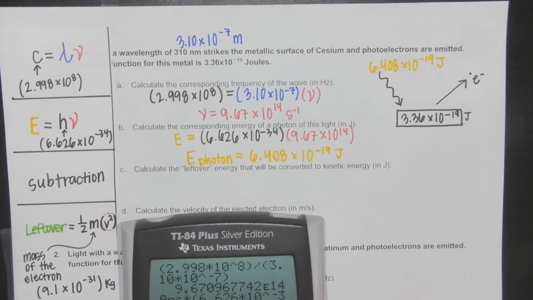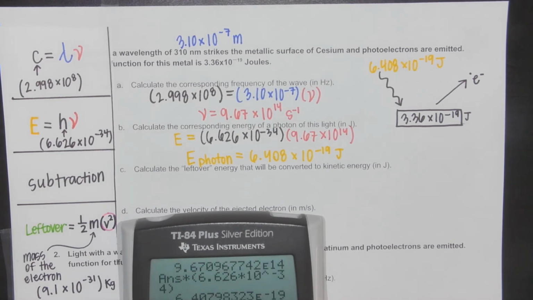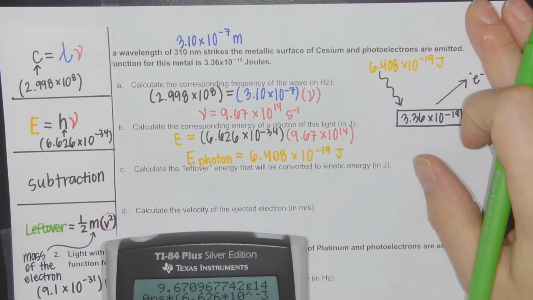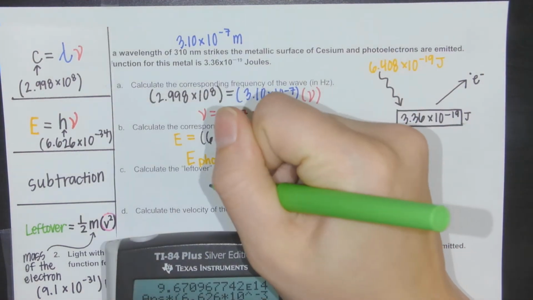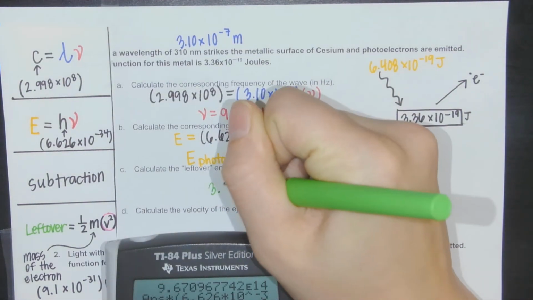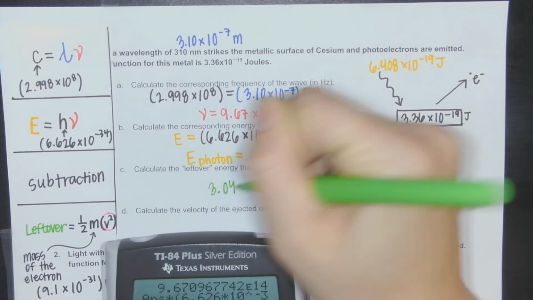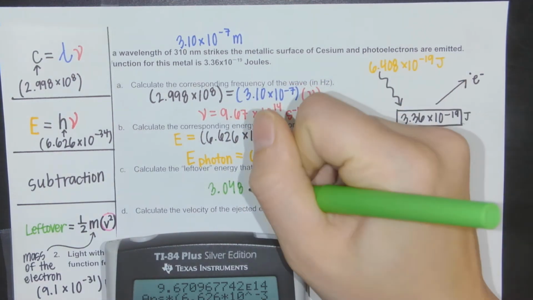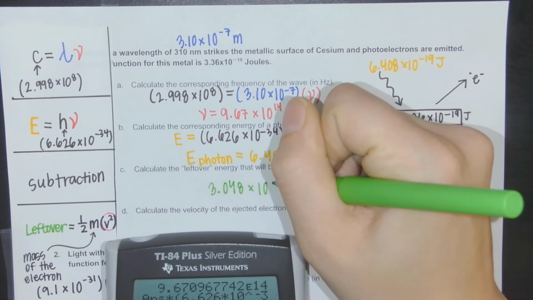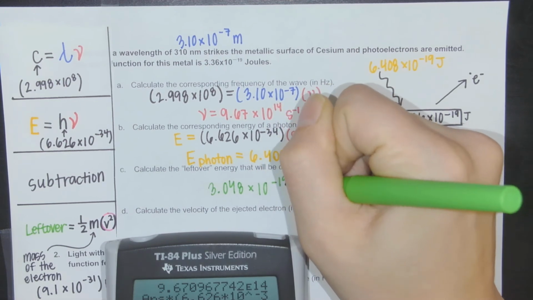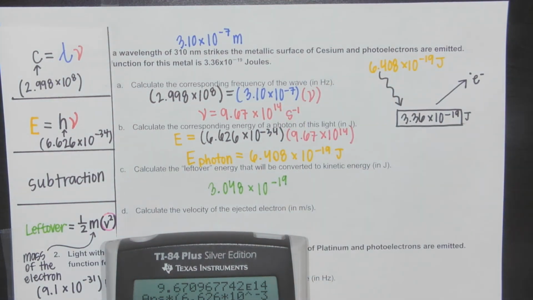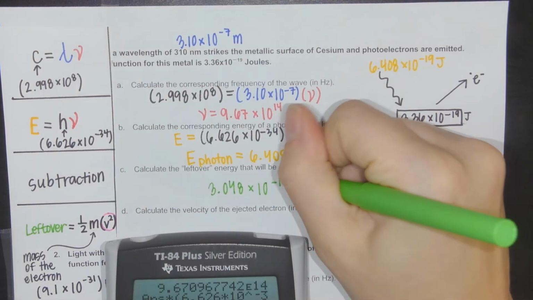So that minus 3.36 times 10 to the negative 19 equals my leftover energy, which is 3.048, rounding, times 10 to the negative 19 joules. Oopsies.